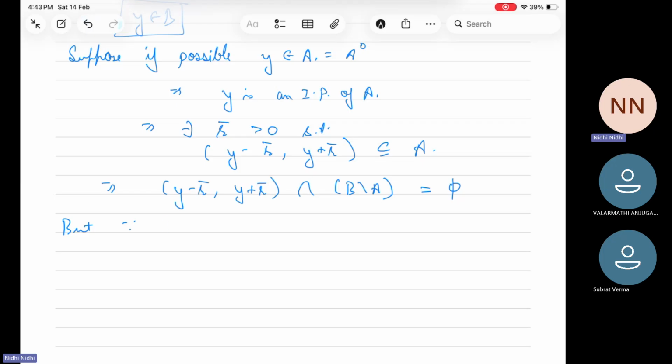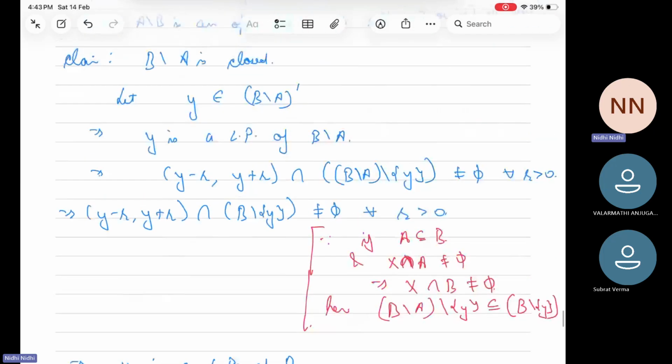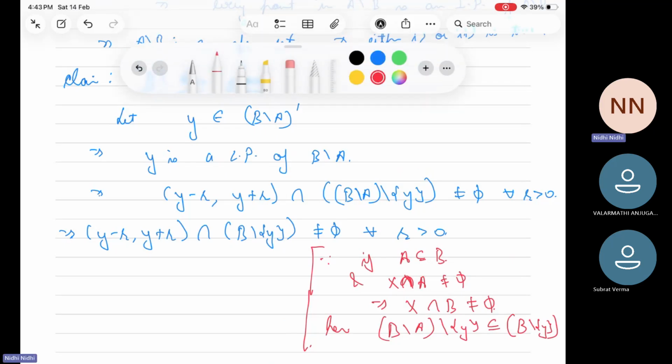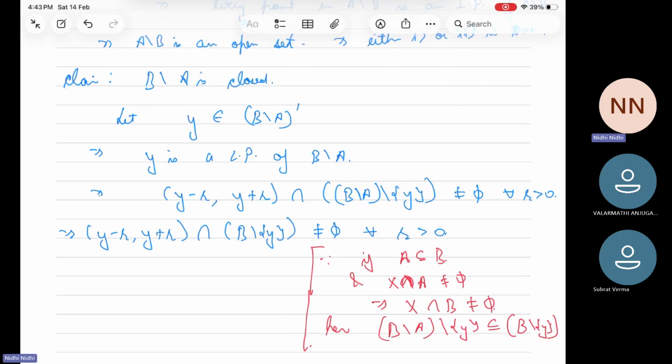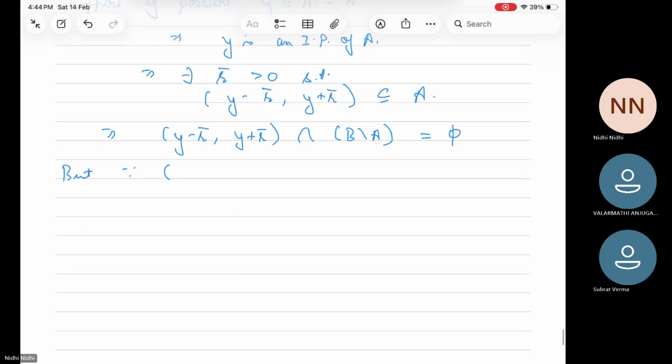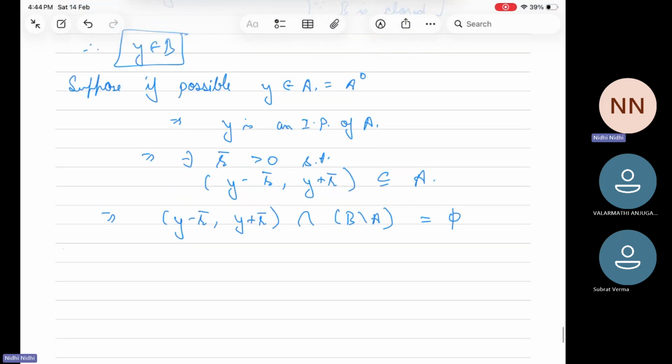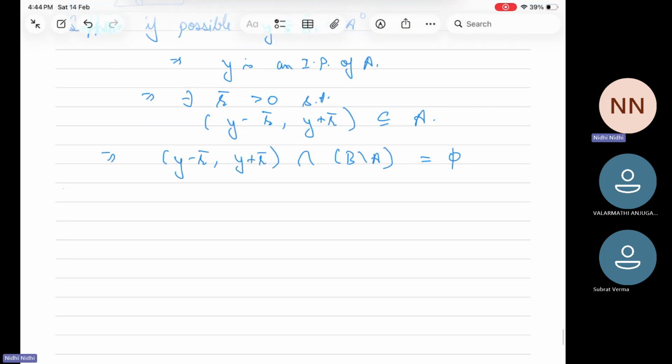Let me mark the earlier result as equation 1. Clearly, since y is an element of A, discarding A will be the same as discarding y as well.